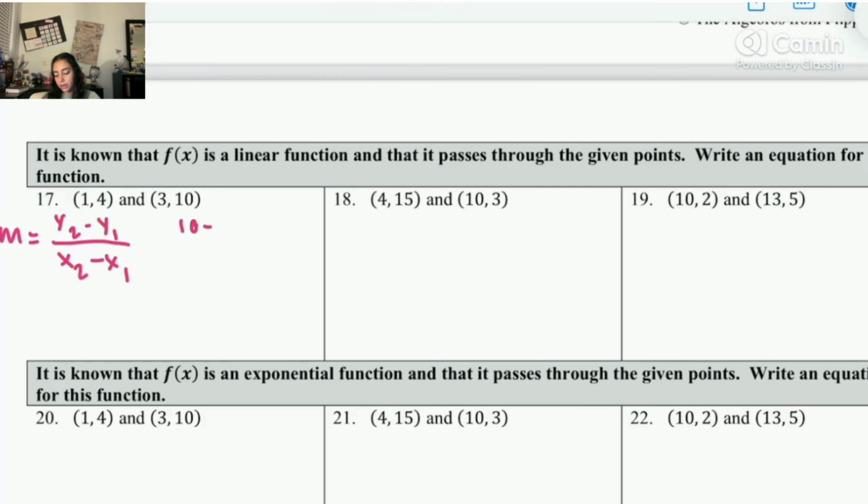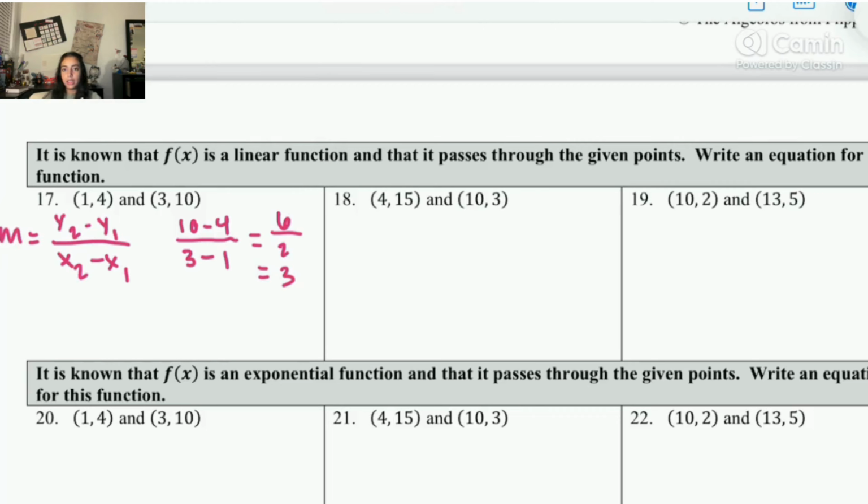So 10 minus 4 over 3 minus 1. You could also do this the other way around, 4 minus 10, but then you'd have to do 1 minus 3, so that's proportional. So 10 minus 4 is 6, 3 minus 1 is 2, so our slope is 3.